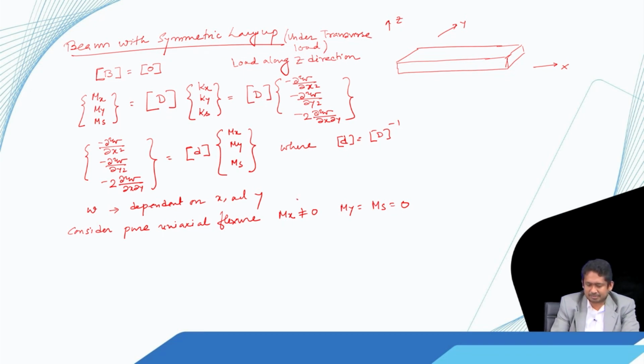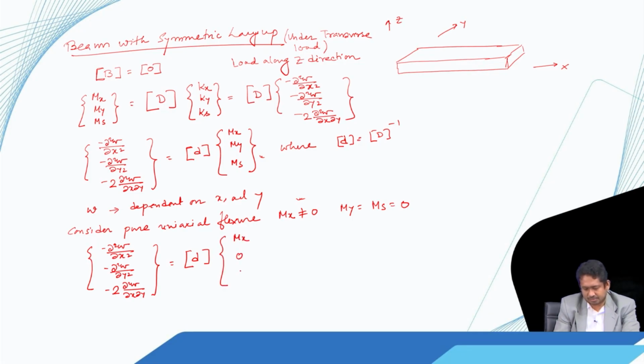With this assumption, this equation can be rewritten as minus del 2 w by del x 2, minus del 2 w by del y 2, minus twice of del 2 w by del x del y, and we have the D matrix here and we have Mx, 0, 0.